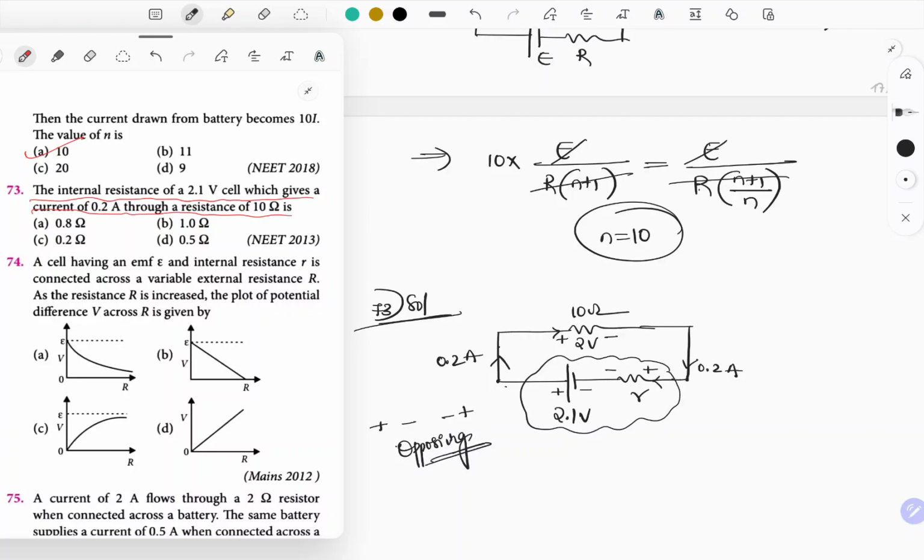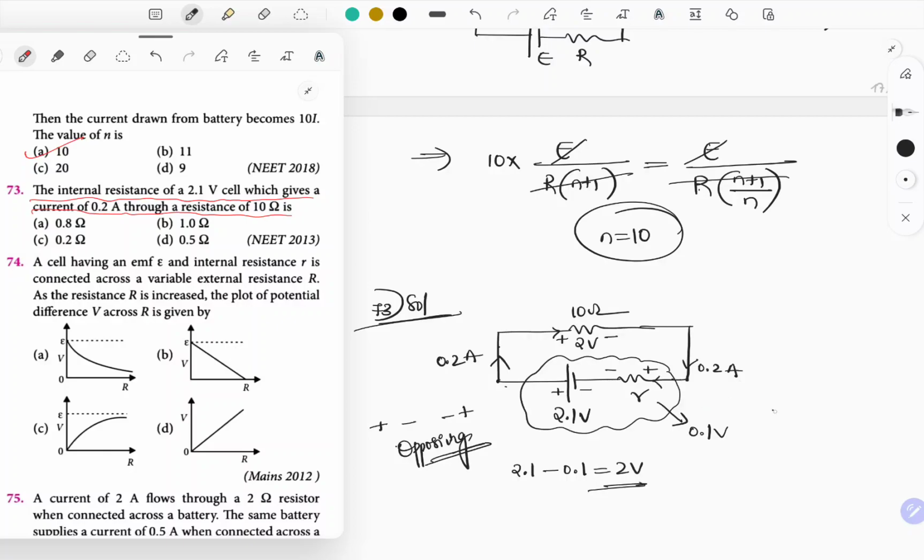Subtract. Whose direction do we have to follow? High potential. So as we have plus 2 volts here, how much voltage will drop across the internal resistance? So the total voltage is going to be 2.1 volts, 0.1 volt. So if I write 0.1 volt here, these two are connected in series opposing. 2.1 volt minus 0.1 volt will give you 2 volts, which is appearing across the load resistor.